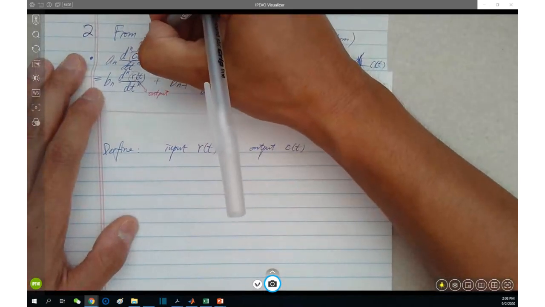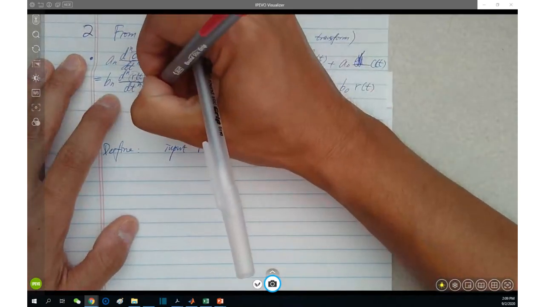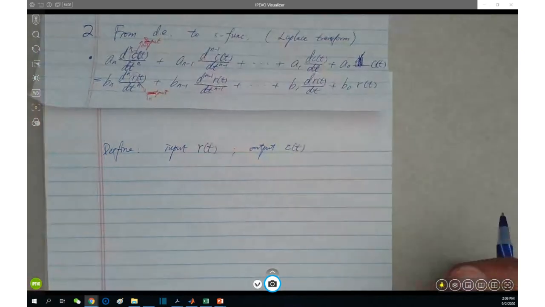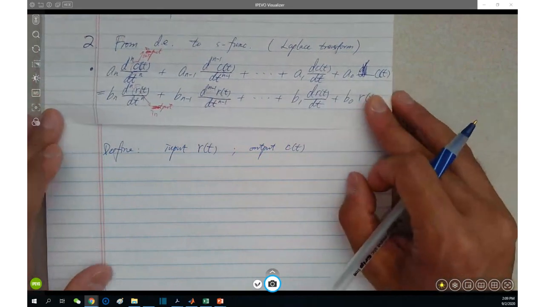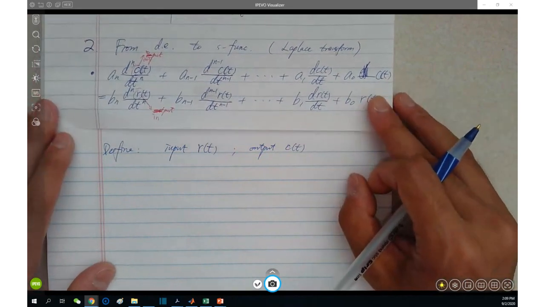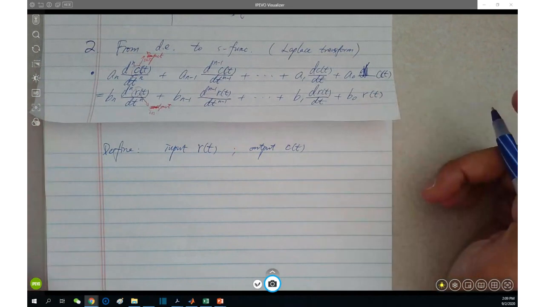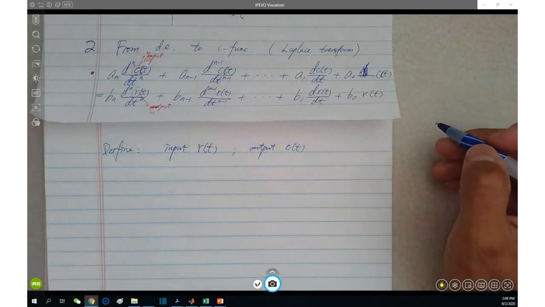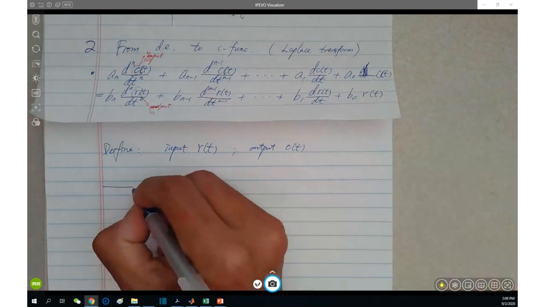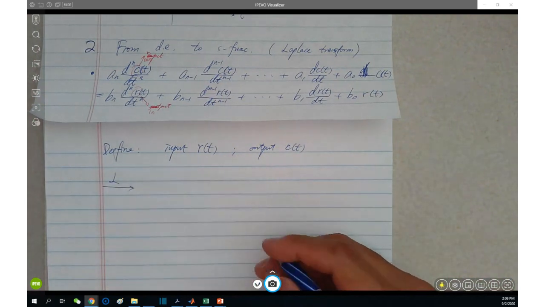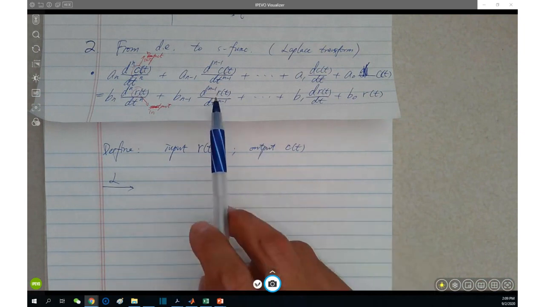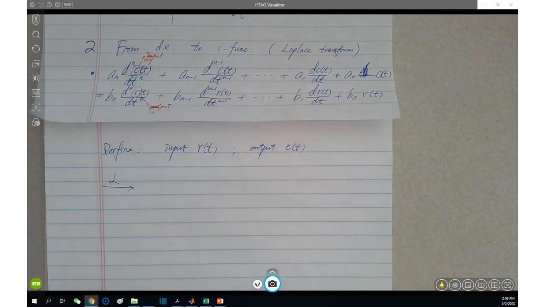This is the input. It all depends on how you define them; that's not a big deal. So let's define R of t as input and C of t as output, and then we're going to conduct the Laplace transform on this equation.